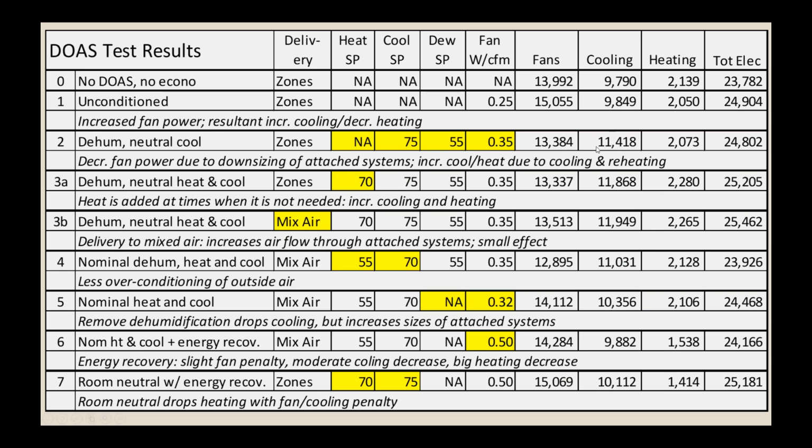It ends up doing cooling when it's not needed. So overall, it's redundant, and the net cooling for the building goes up, and heating also goes up somewhat because of that same issue.